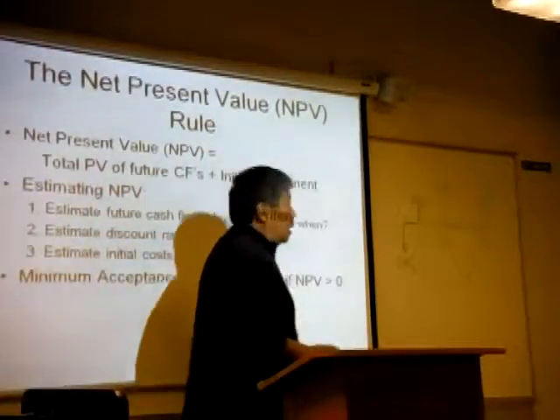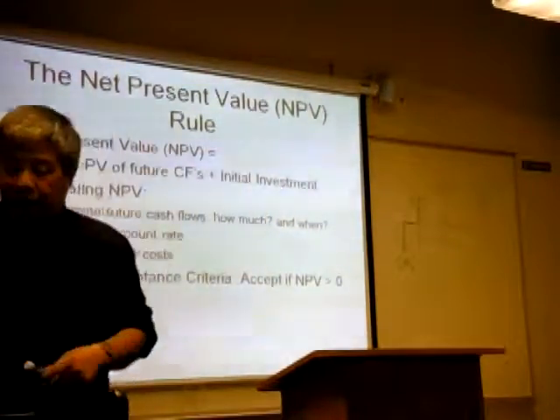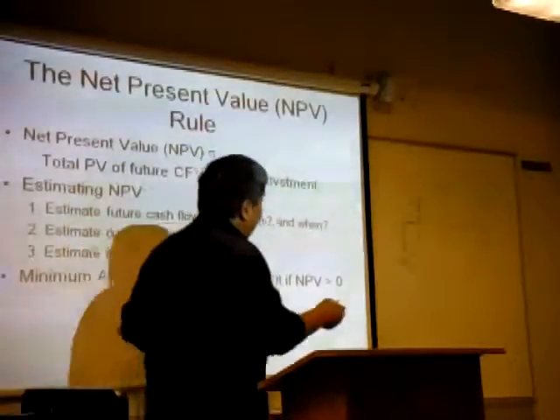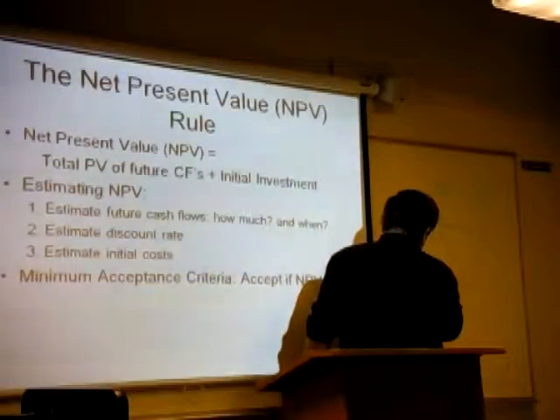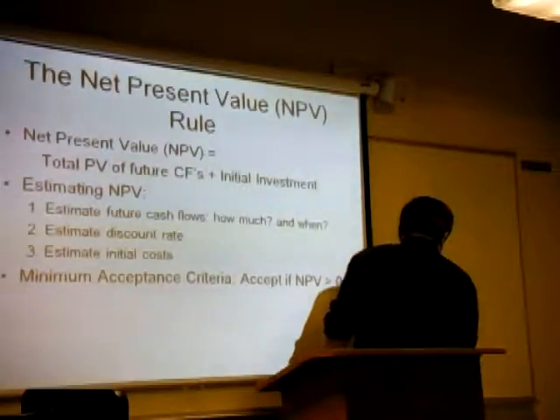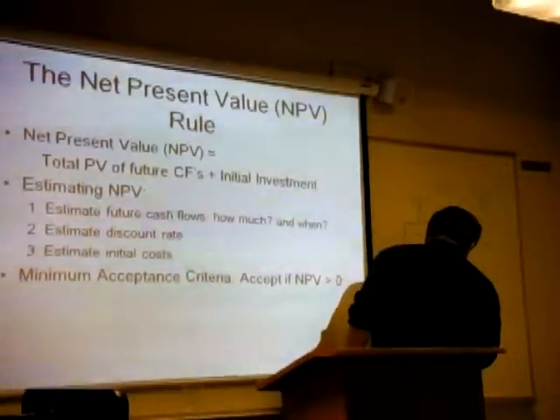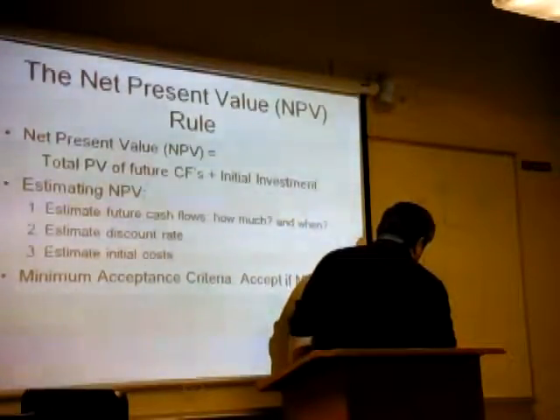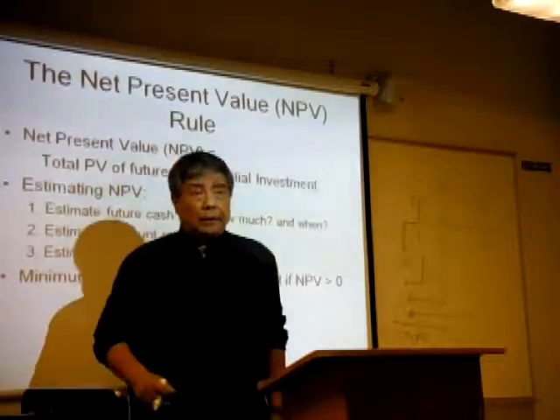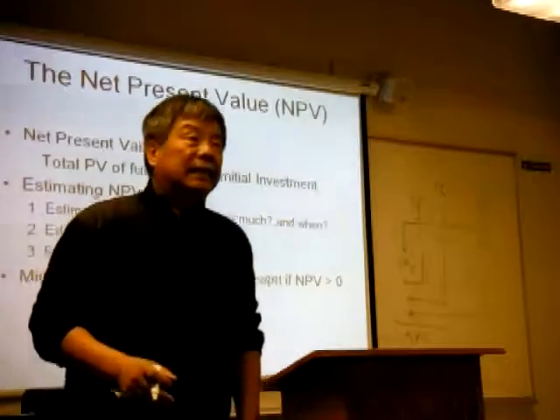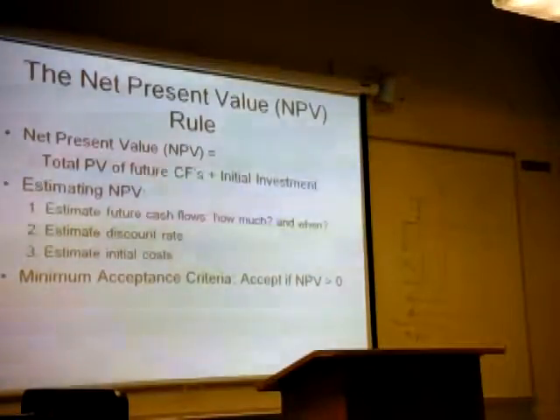Now, for the net present value, what we do is calculate the present value of all those future cash flows and add them up. The net means positive minus negative.